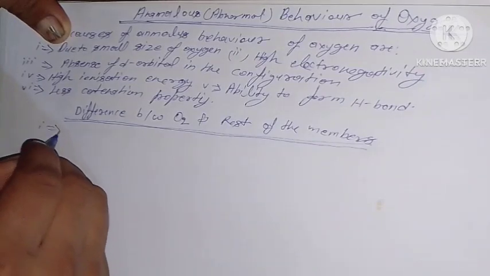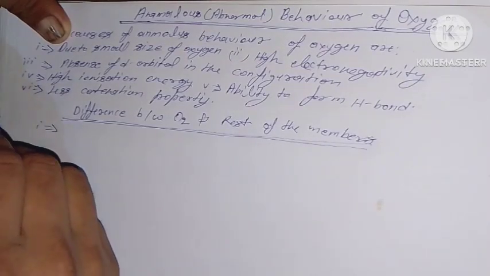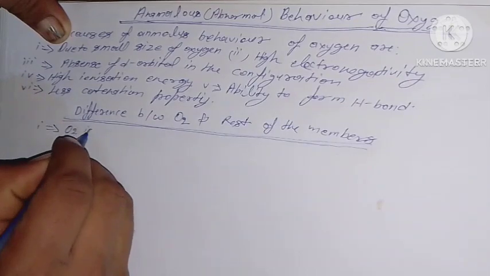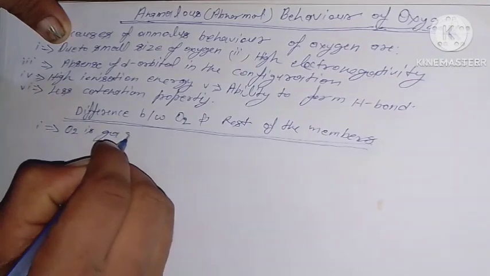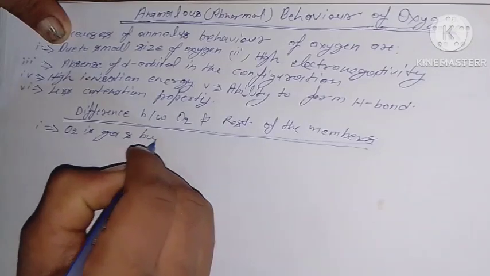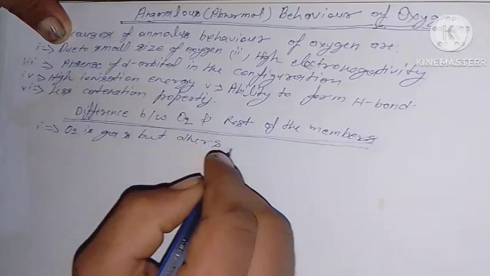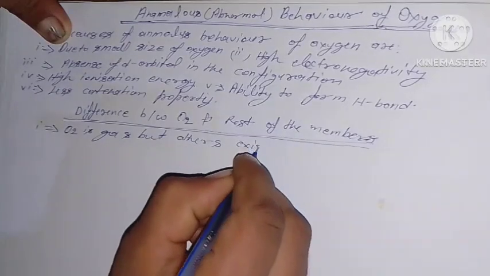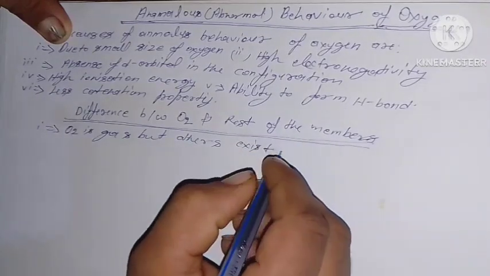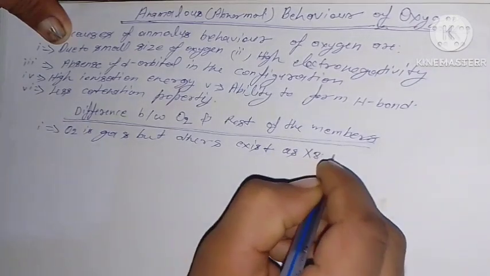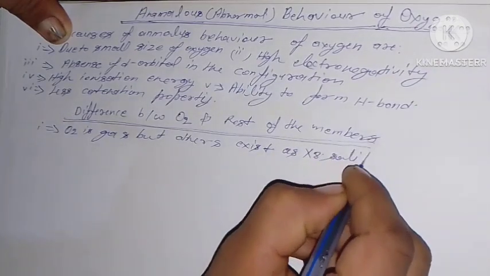First point, oxygen is a gas but others exist as X8 solid. Okay.